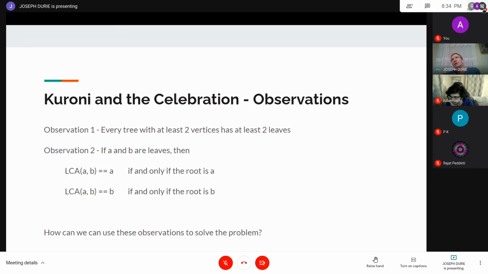Think about how you can change it, like throw out vertices. I think pairs of leaves would be enough, or like Keith said, you keep a running LCA of the leaves, and if you have L leaves, that would take L minus 1 steps, which could be more than n over 2. So that would work, but it would be too many queries.